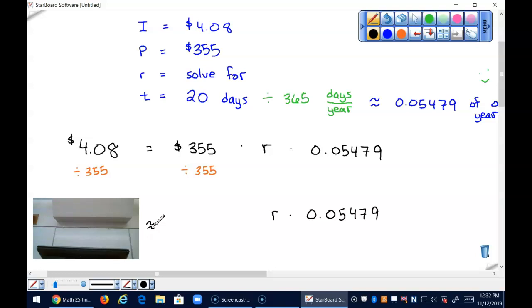How will I get R by itself? Someone other than Amanda. Yeah, exactly the same as before. Something stuck on with times, I divide by it to get rid of it. Thank you.